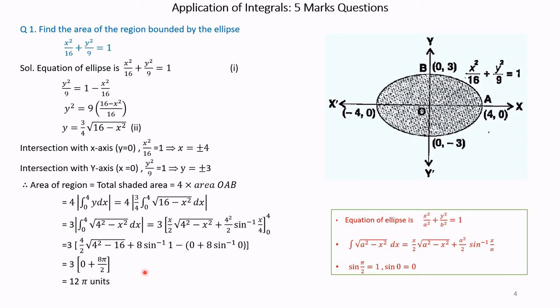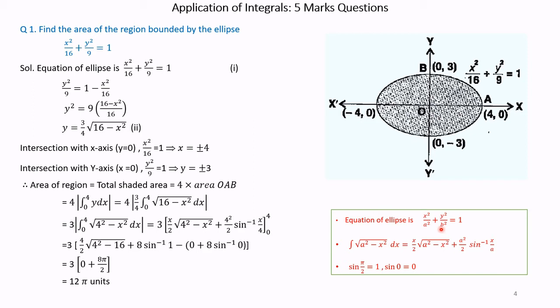So in this problem, you have to remember three formulas from your previous chapters. That is, the equation of ellipse is x square by a square plus y square by b square is equal to 1, where a is the principal axis along the x direction and b is the principal axis along the y direction.